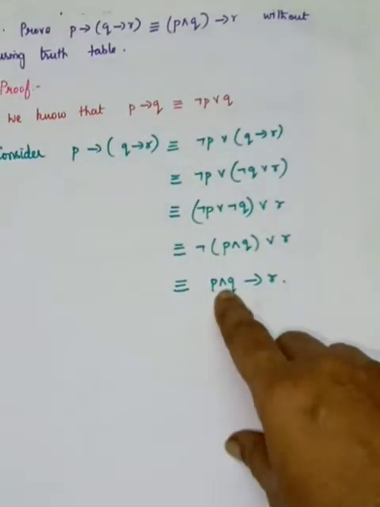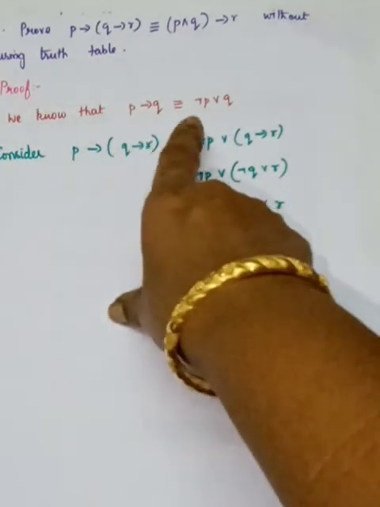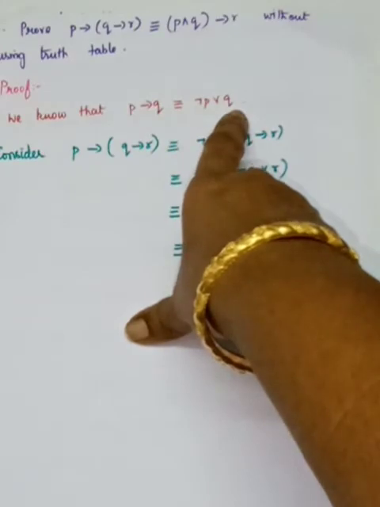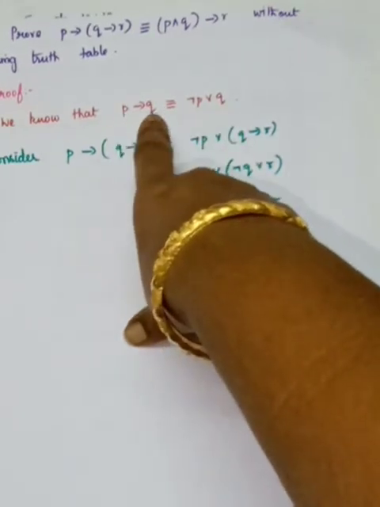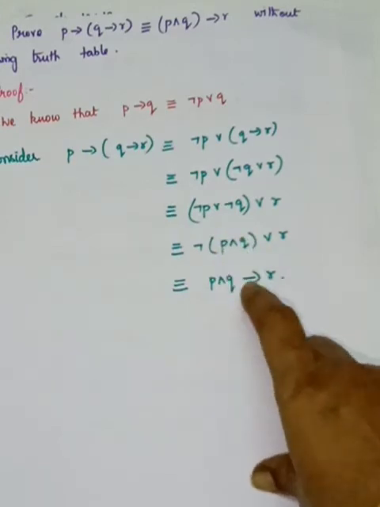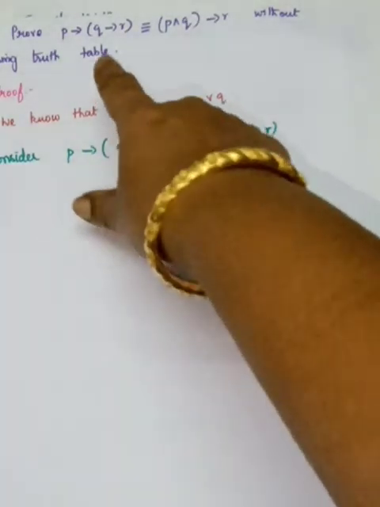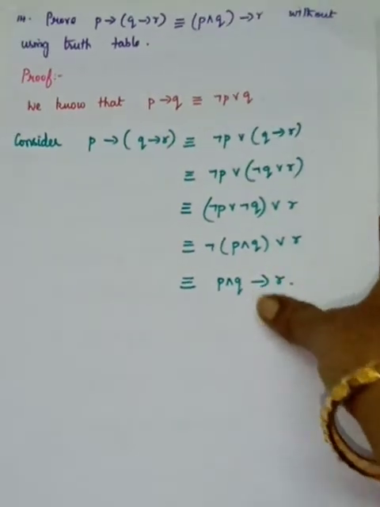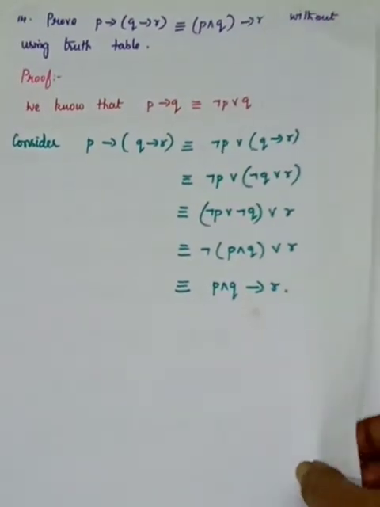So it can be written as the first statement negation or Q. If you have, you can write which one? P implies Q. So therefore P and Q implies R. So we have proved they are logically equivalent without using the truth table. We are using the laws.